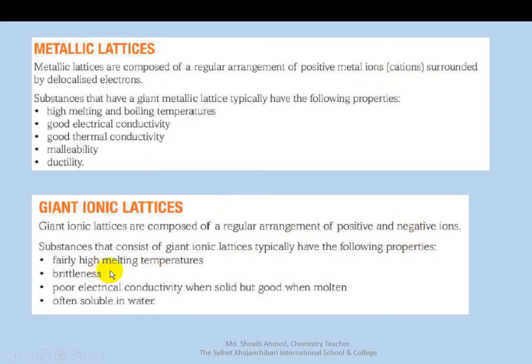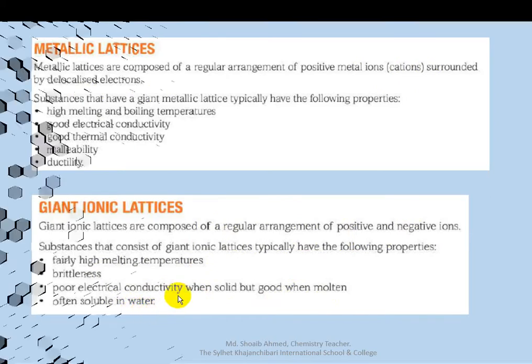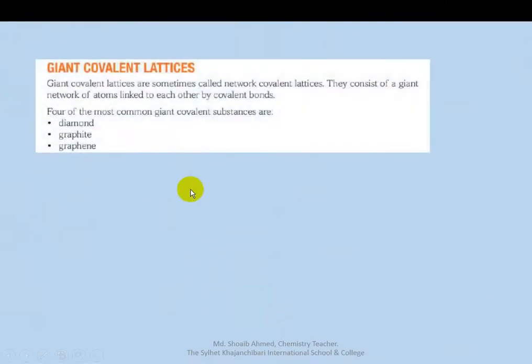Giant ionic lattices have high melting points, brittleness, poor electrical conductivity when solid but good when molten, and are often soluble in water. Next is the giant covalent lattice, sometimes called a network covalent lattice.